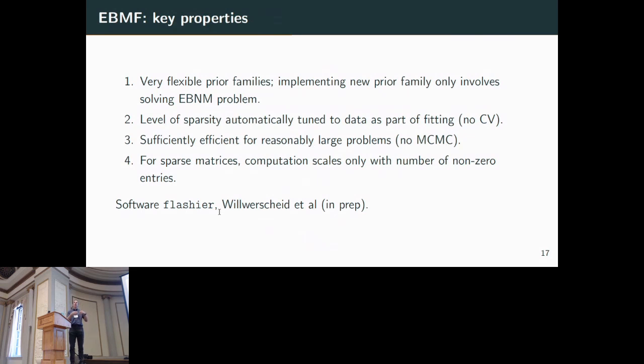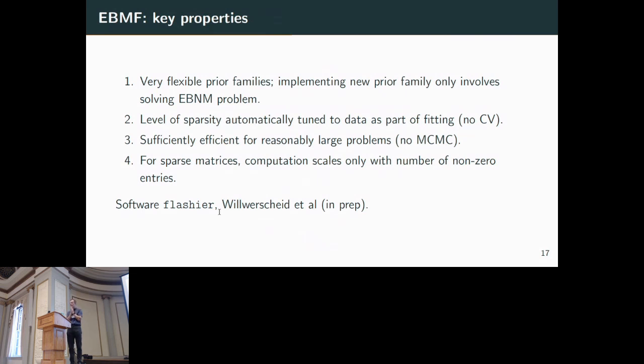Okay, so one of the nice things about this approach is that you don't only get to induce, say, sparsity, you can induce other things. Essentially, it's a very flexible approach that just requires you to be able to solve the empirical Bayes normal means model for a prior family that you want to use. Once you can solve that problem for that prior family, it just plugs into the matrix factorization iterative scheme.